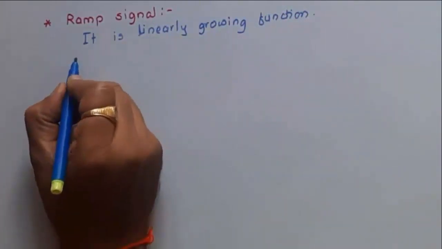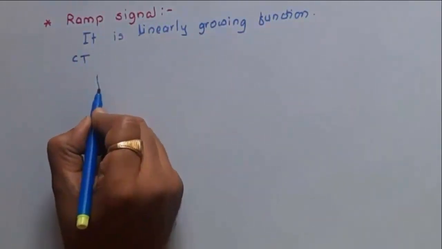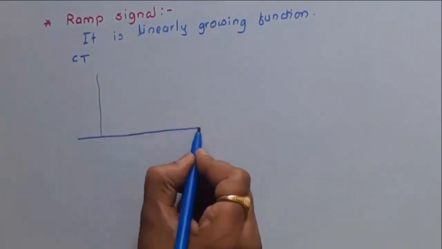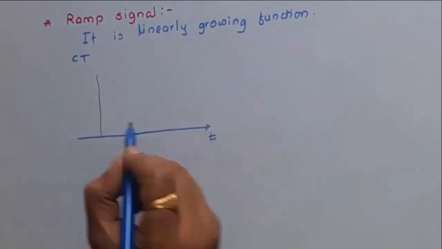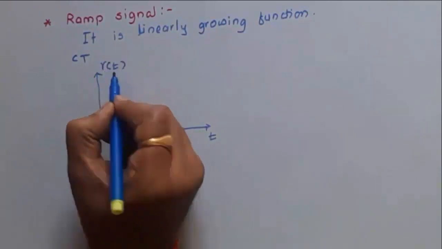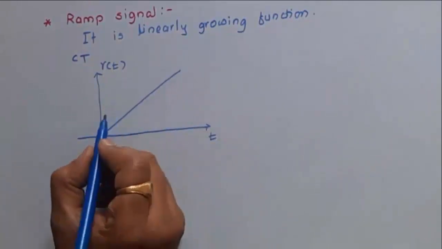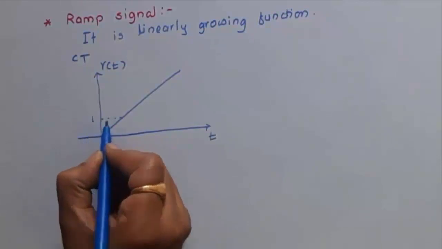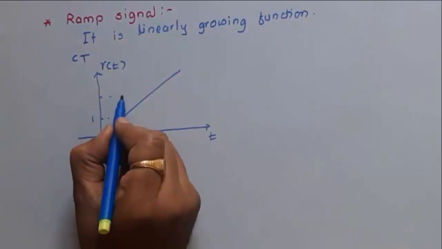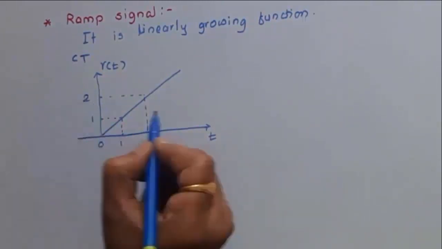If we draw the graphical representation for continuous time, the ramp signal is represented as r(t), which is continuously growing for all values of t greater than or equal to 0. At time t = 1, the amplitude of ramp is 1. Similarly, at t = 2, the amplitude of ramp is 2, and so on.